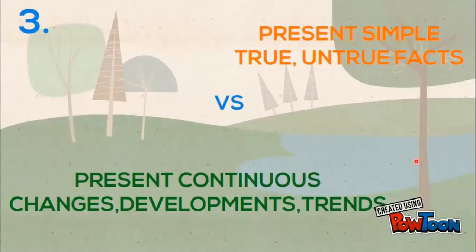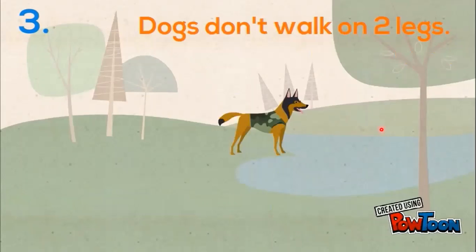Trends are fashion things. Okay. This is a fact. Dogs don't walk on two legs. That's a fact. They walk on four legs.